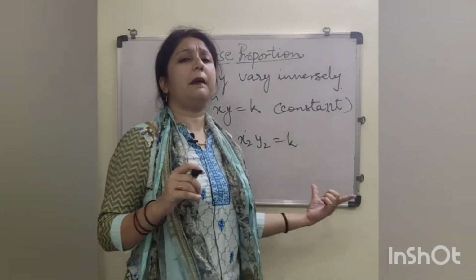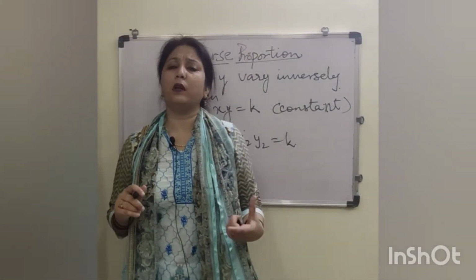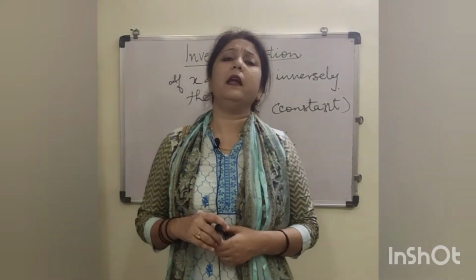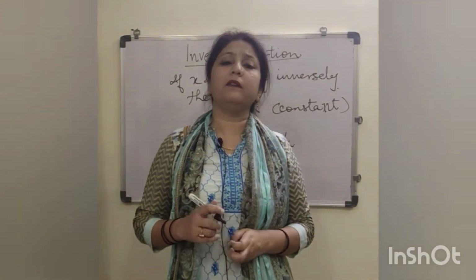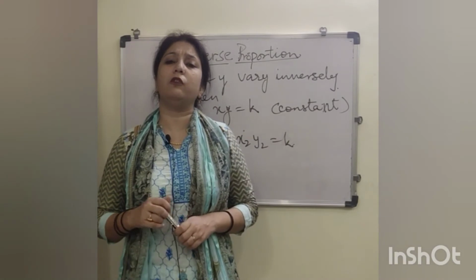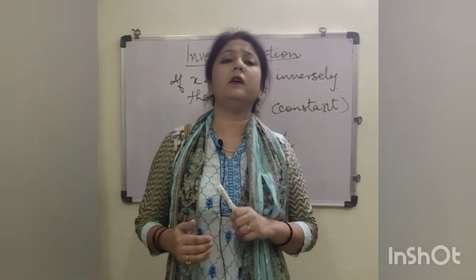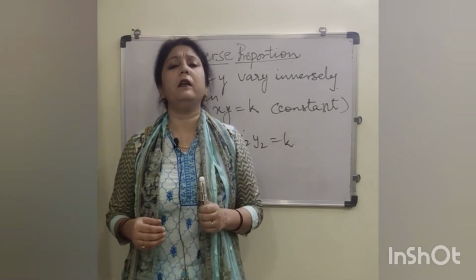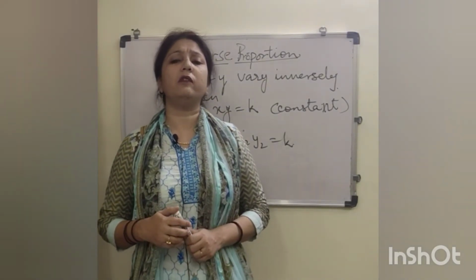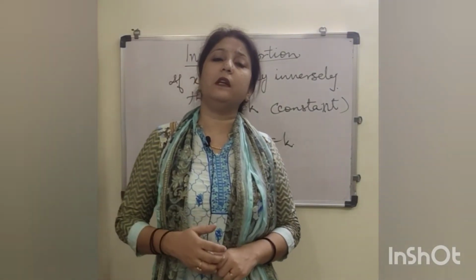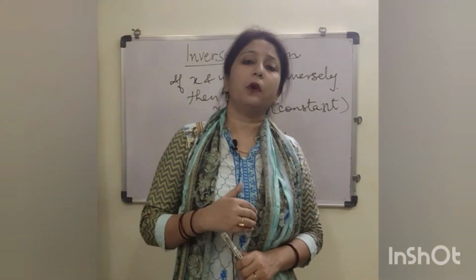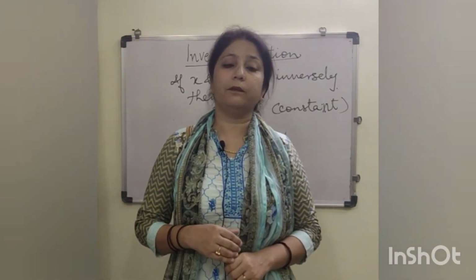In table type questions, or in general, whenever two quantities vary inversely, their product will remain constant, because in direct variation their ratio remains constant. Here in inverse variation we have their product as constant.